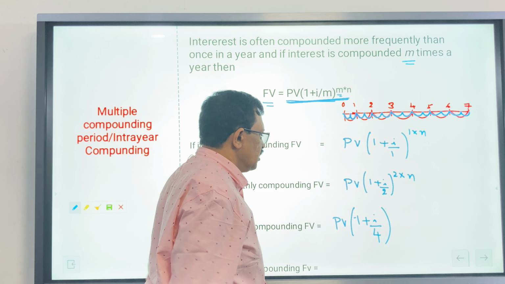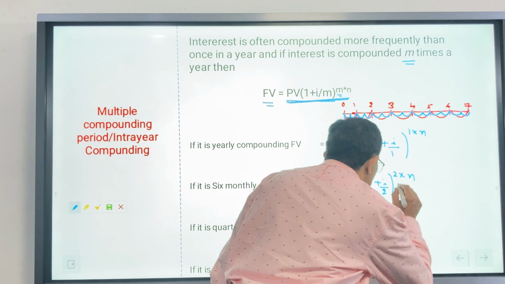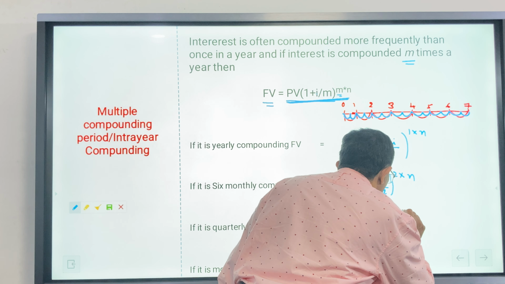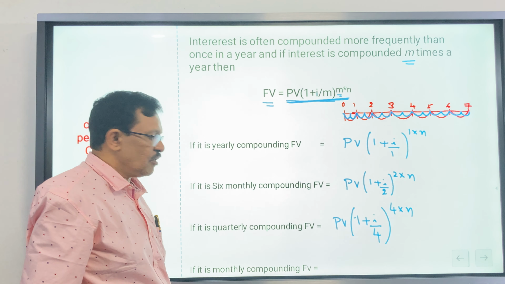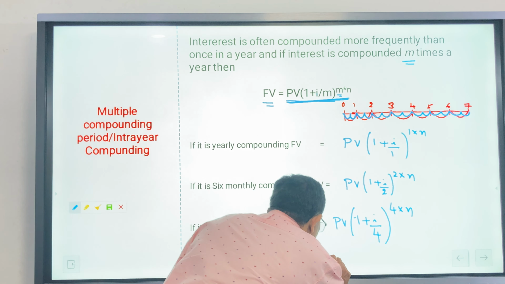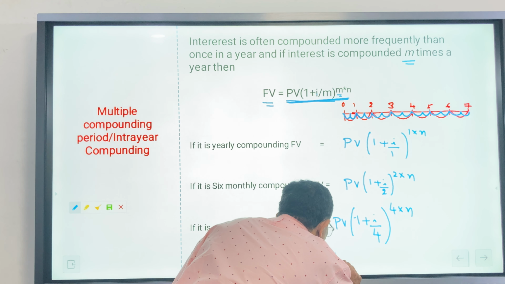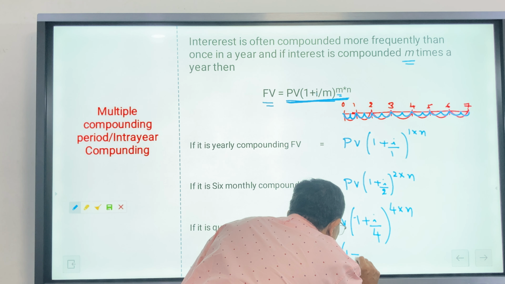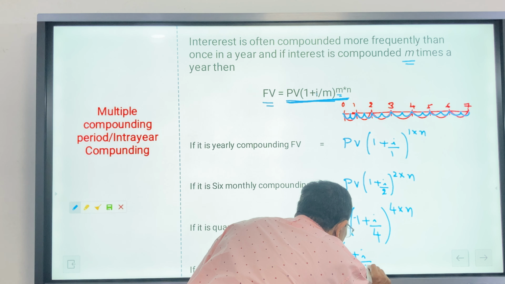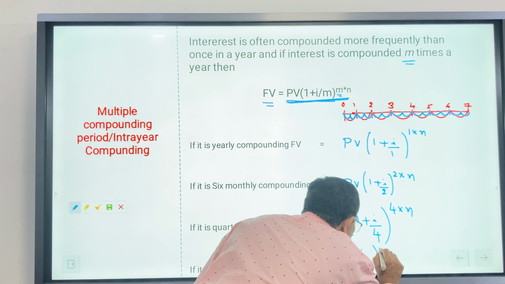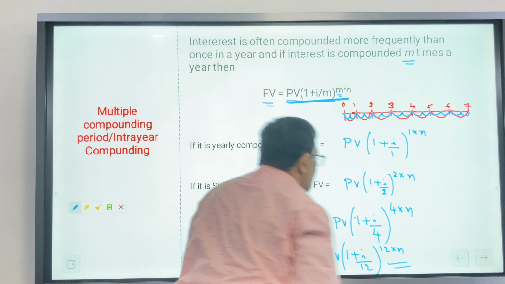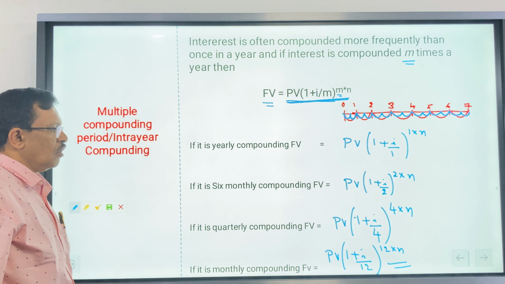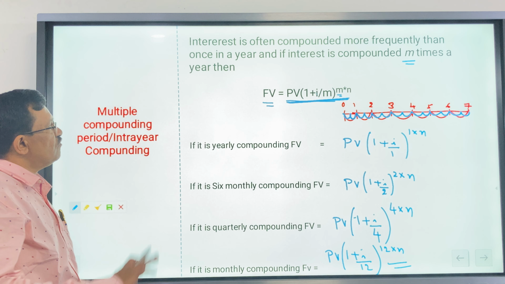When it is going to be compounded on a monthly basis, the formula would be present value into (1 plus i divided by 12) to the power of 12 into n. So this is how you are going to solve a problem concerning the future value.